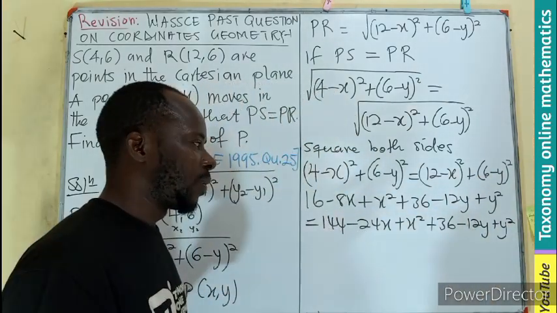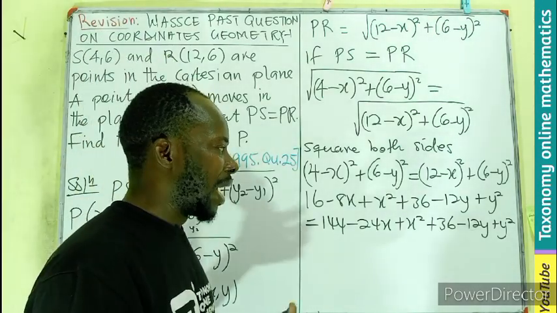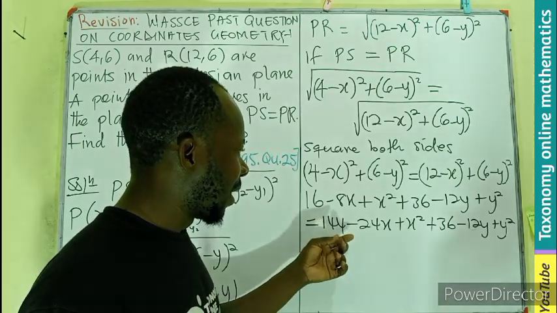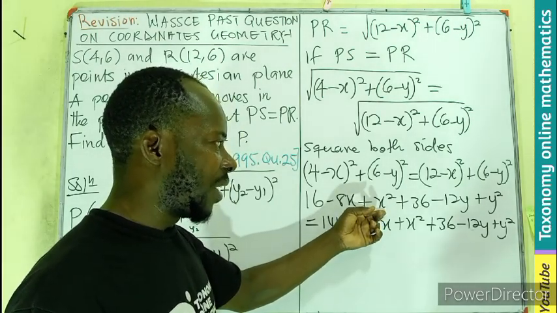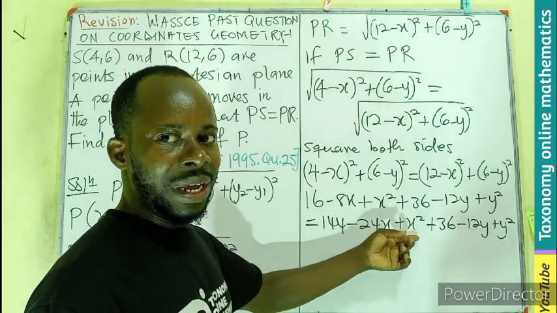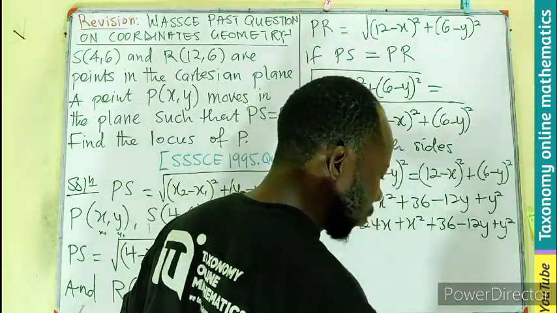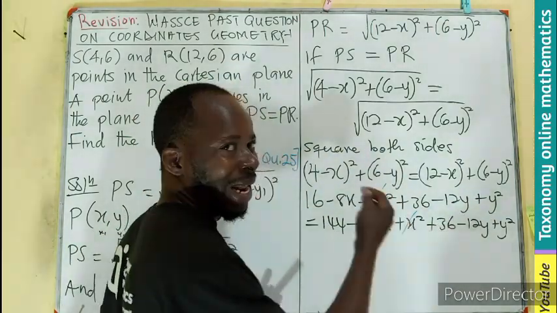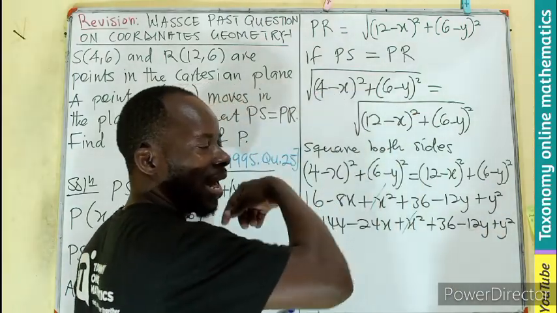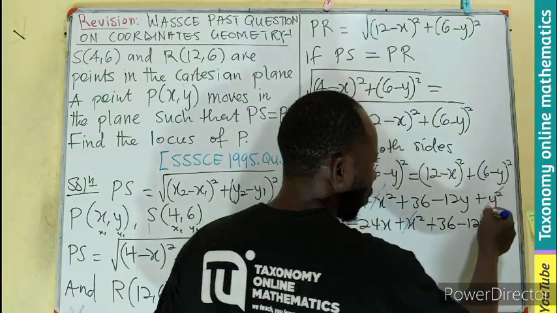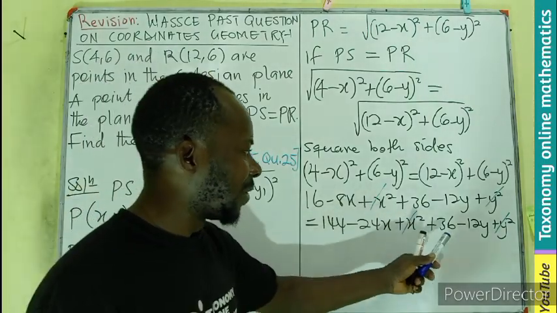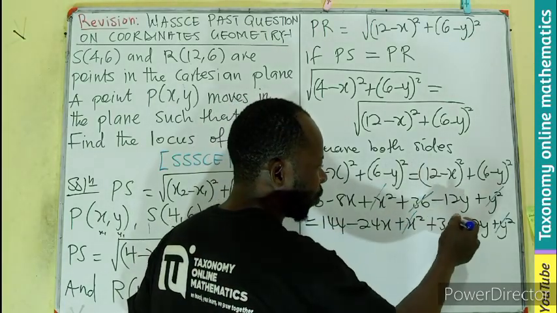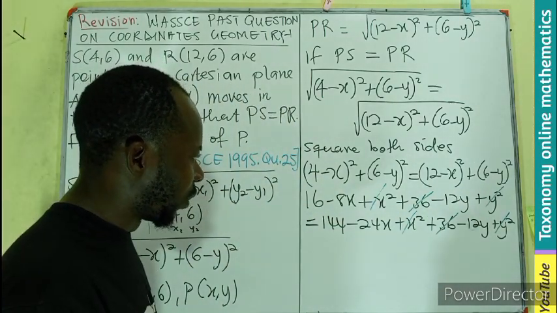Here we are going to group like terms, bringing the terms from the right to the left. We have x squared on the left and on the right, so when it comes over it will cancel. We have positive y squared on the left, and the one from the right becomes negative, so they cancel. How about 36? Crossing over to the left will also mean 36 cancels 36. So what will be left?